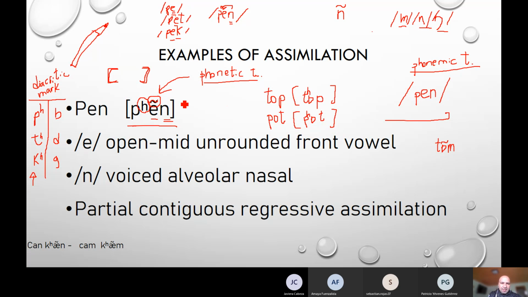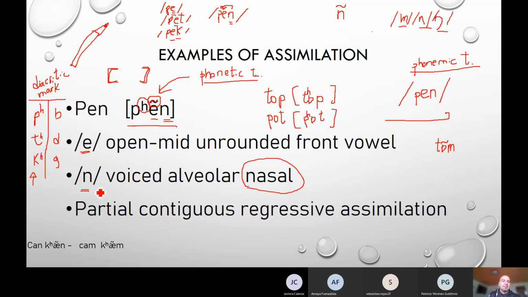Okay, so in this case, the vowel sound E, which is an open-mid unrounded front vowel, is assimilating. N is a voiced alveolar nasal. It's assimilating this characteristic of the sound N, right?